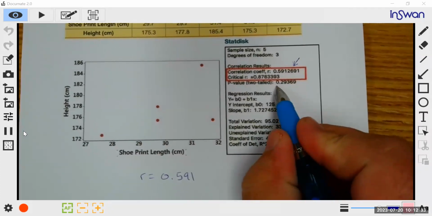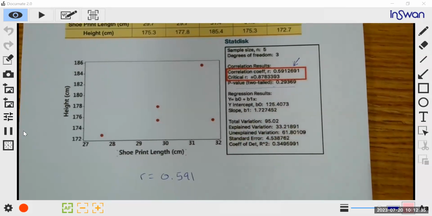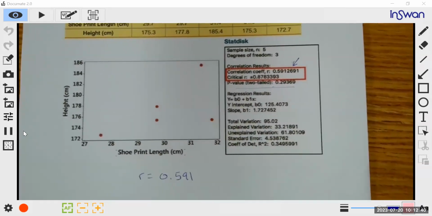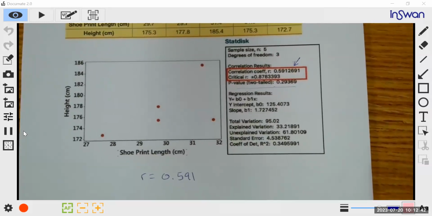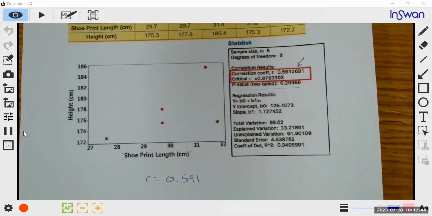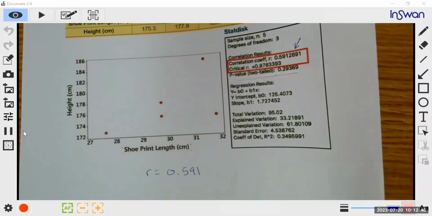Then we're looking at something called a p-value. So again, this is where the computers and calculators come in. That's what we're going to do right now.